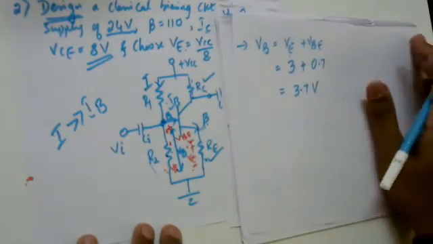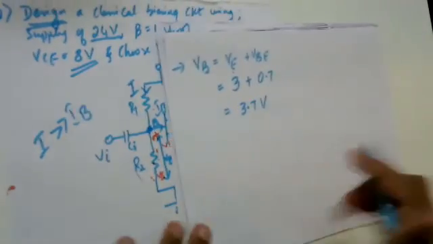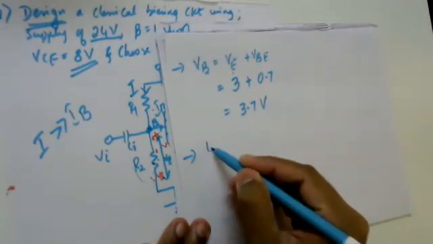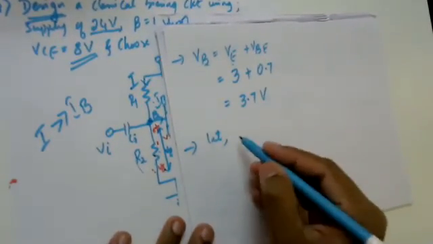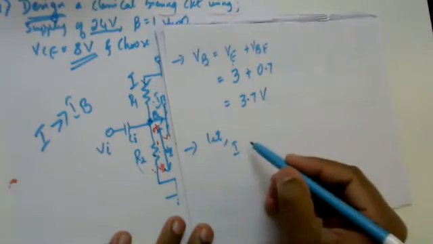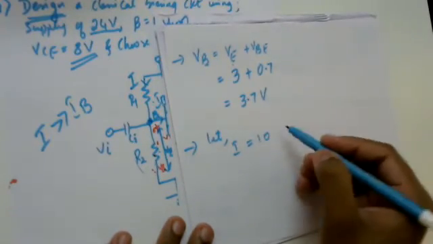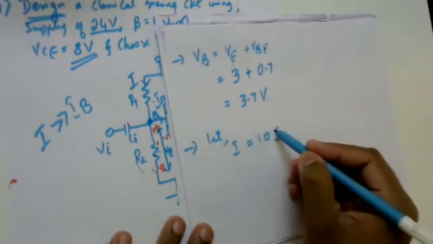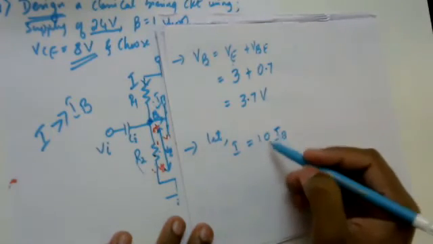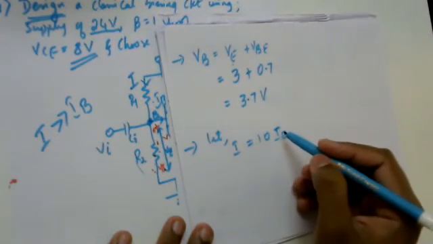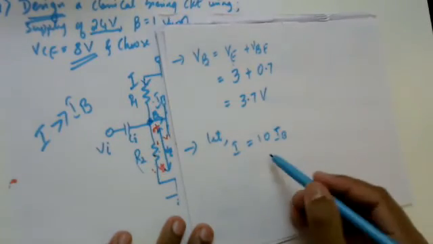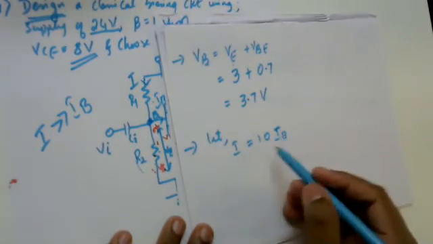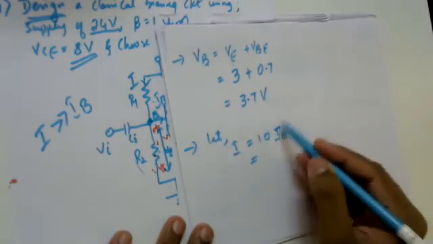So here we are going to choose, this is my assumption, let my value of I be equal to 10 times that of IB. This is sufficient. If I choose the value of I 10 times that of IB, this is more than sufficient. Okay. Now, if I is equal to 10 times IB, I know the value of IB.